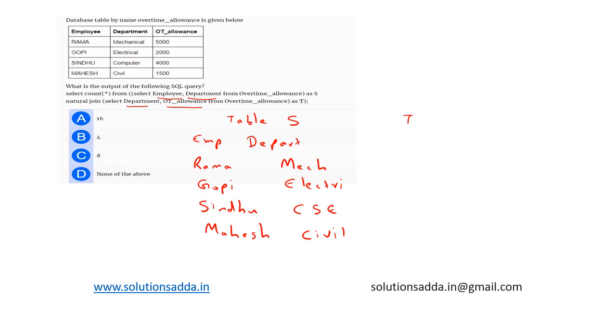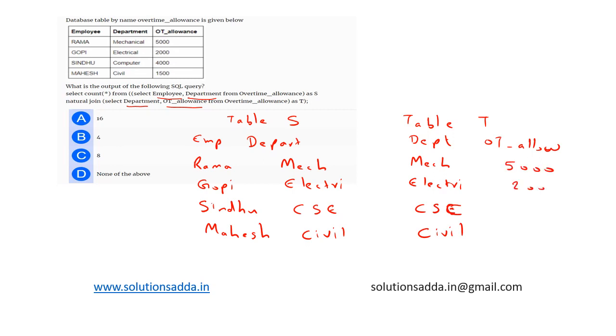Now let's draw table T. We have department and overtime allowance. We have mechanical, electrical, CSE, and civil. And the overtime allowances are 5000, 2000, 4000, and 1500.